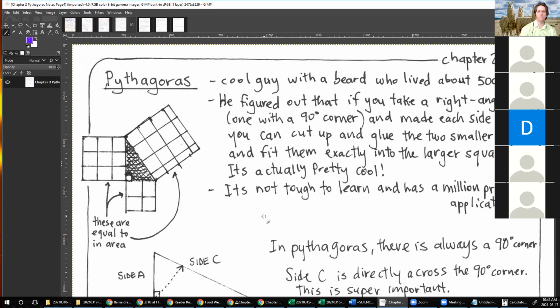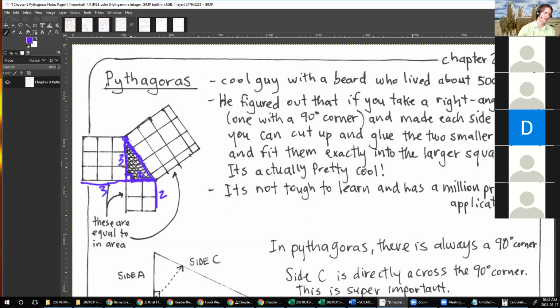He figured out that if you take a right-angled triangle, so a right-angled triangle is one that has a 90 degrees here. This corner has to be 90 degrees. So if you take a right-angled triangle and make each side a square, so if I took this, which obviously is 3, and I made it a 3 by 3 square, I took this side, which is 2, and I made this a 2 by 2 square.